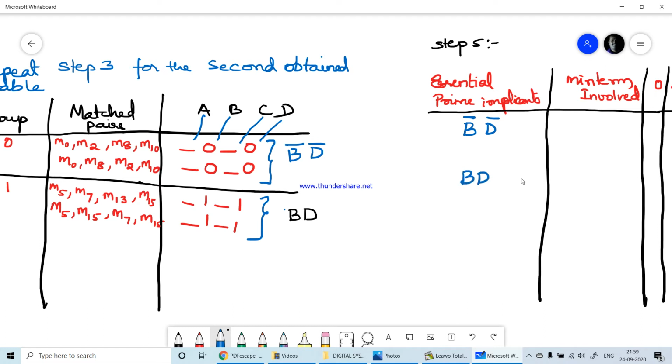Now, the minterms which are involved with B bar D bar are M0, M2, M8 and then M10. For BD it is M5, M7, M13 and M15.